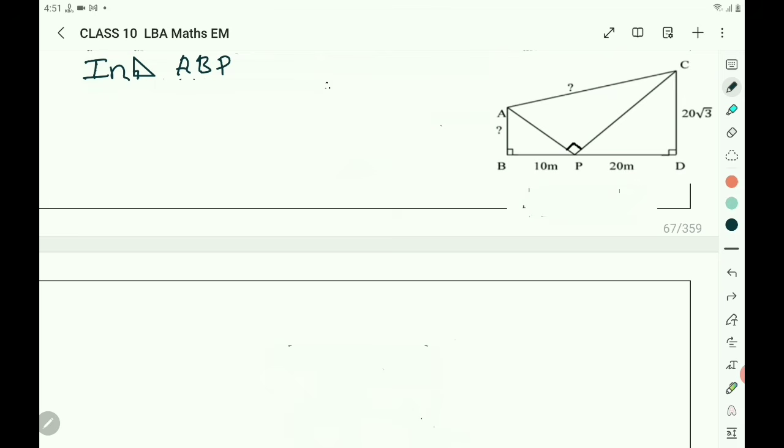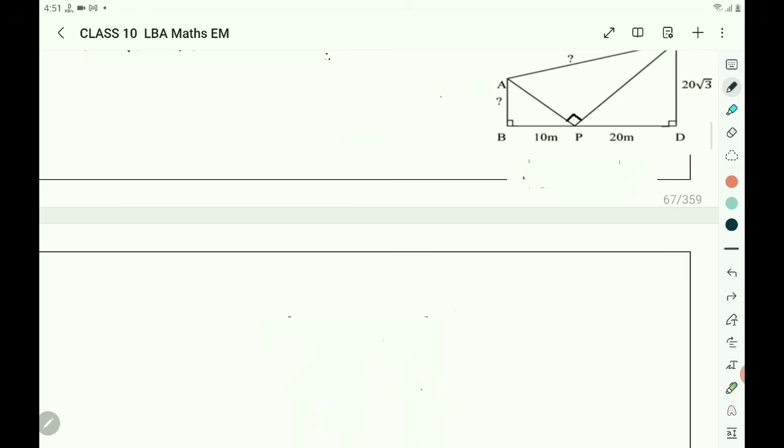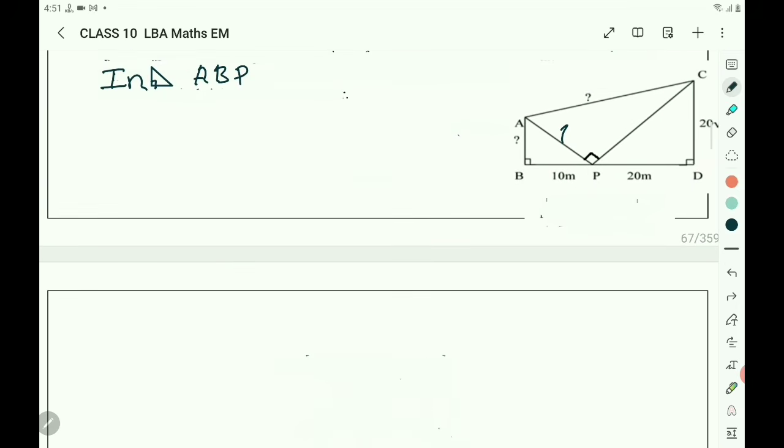So you got AB. AB is equals to how much? AB you got 10 by root 3. Better to use these two sides. BP by AP, which is cos theta. Right? Here the angle is 30 degree. Cos 30 degree equals adjacent side BP by hypotenuse AP.